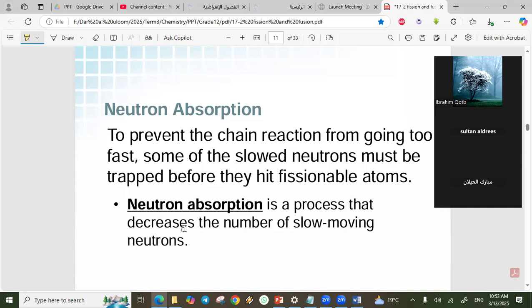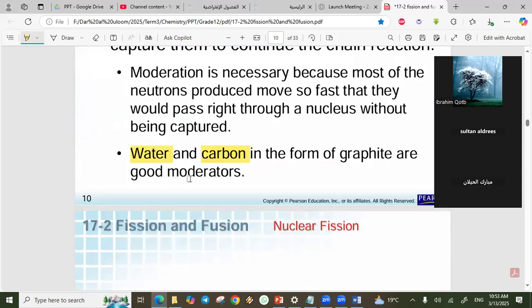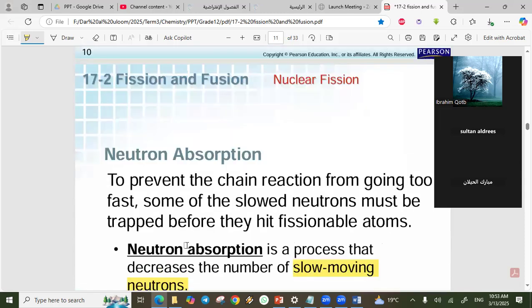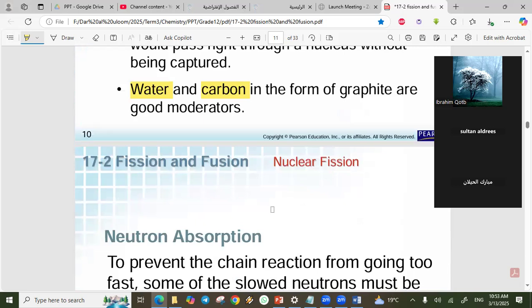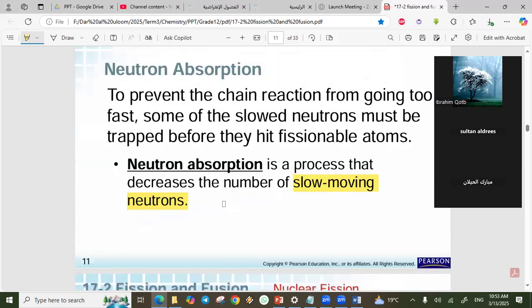It's a process that decreases the number of slow moving neutrons. So you have to differentiate between neutron absorption and nuclear moderation. Nuclear moderation is to slow down neutrons, but neutron absorption is to decrease the number of the neutrons itself.